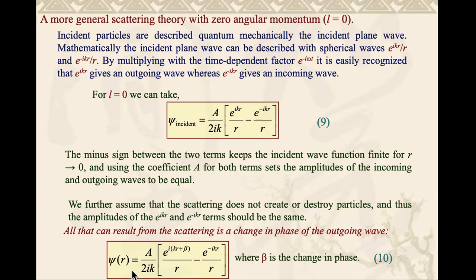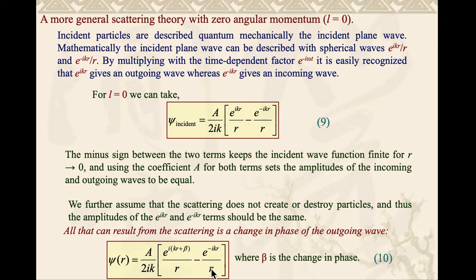After scattering, you can write it as A by 2ik times e raised to i kr plus beta by r minus e raised to minus ikr by r. And actually this is your incoming part. So this is the case before scattering, or if you have no scattering, this will be the condition.